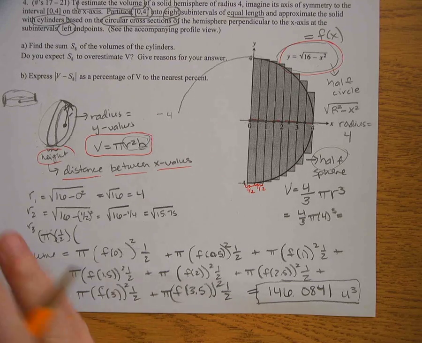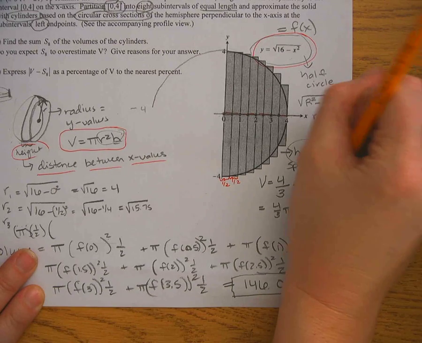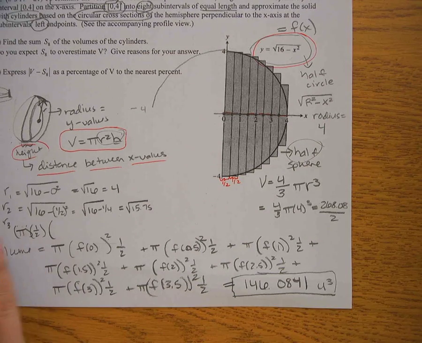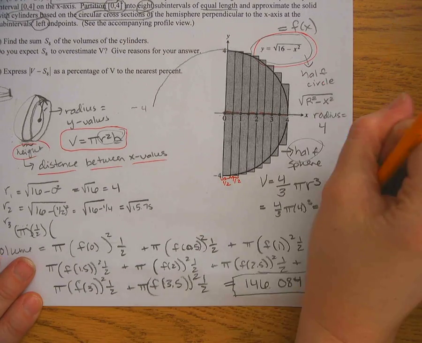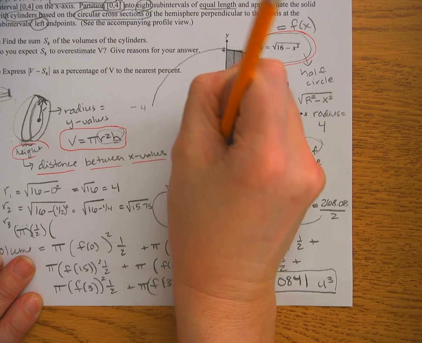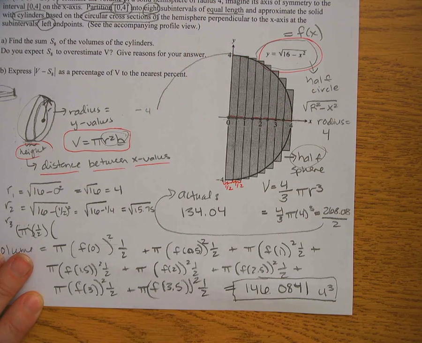So that would end up being 268.08, and then I would divide that in half and get that the actual volume is 134.04.